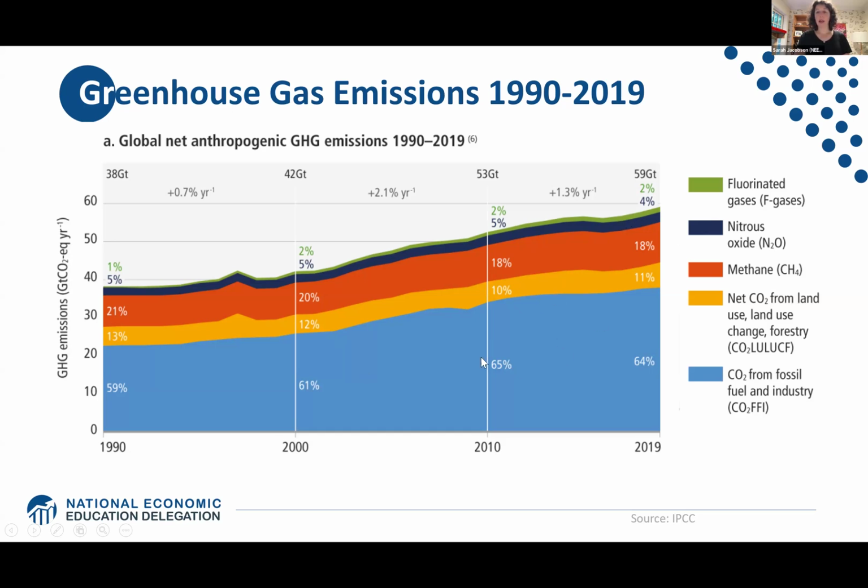You can see really that the reason that people talk about greenhouse gas emissions as carbon is that carbon dioxide makes up a really big chunk and methane makes up another substantial chunk, which is also carbon-based. So that's the flow of greenhouse gas emissions that we've been putting out on the planet. You can see it's been increasing over these 30 years depicted in this diagram.